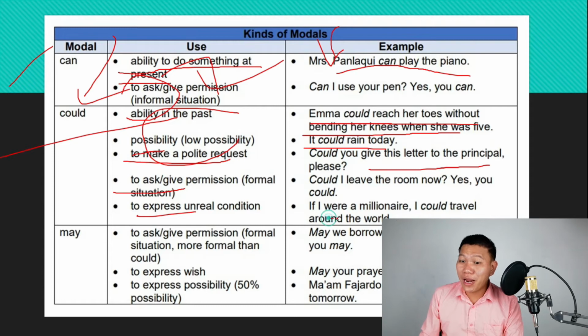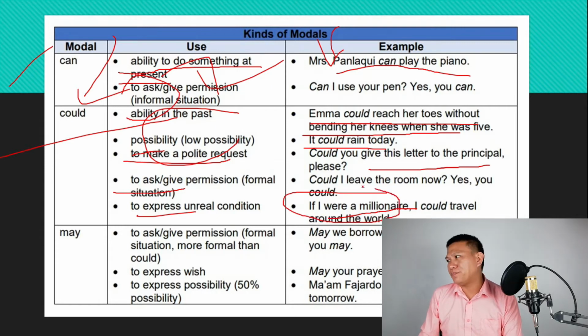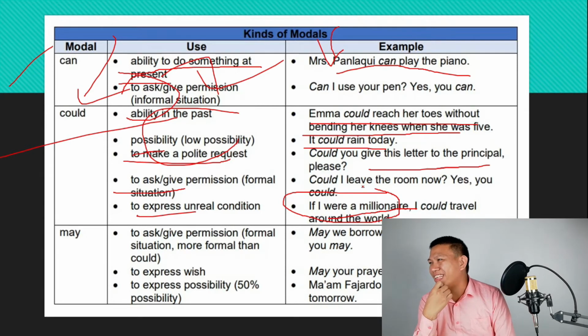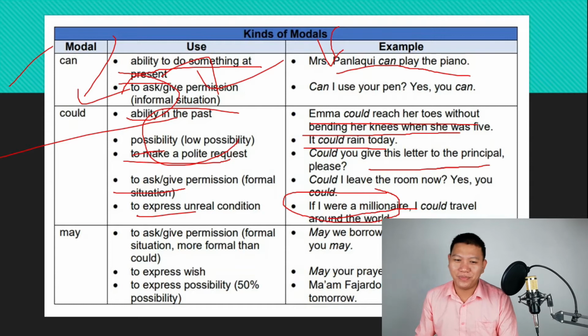If I were a millionaire, I could travel around the world. Okay, if I were a millionaire actually expresses something that really did not happen in the present, but if only it happened, there's a possibility to travel around the world. You got it?